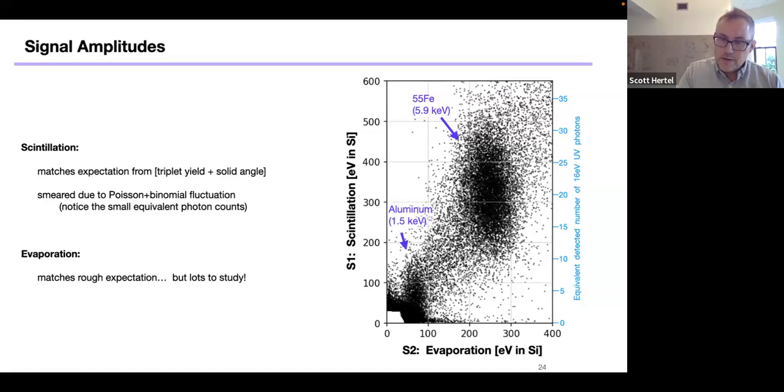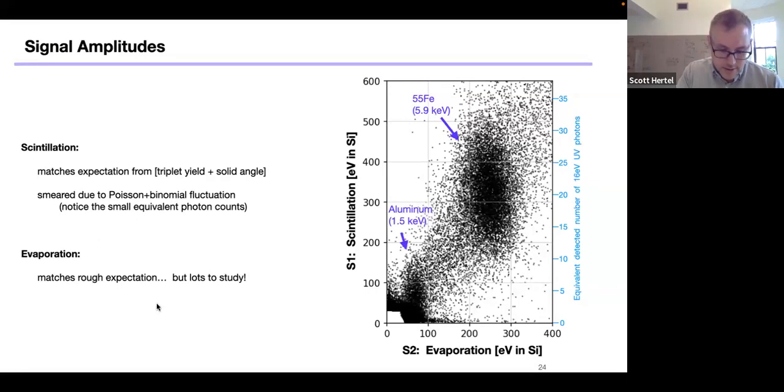So these amplitudes and widths on the scintillation roughly match our expected singlet yield and the solid angle for the photons. The width roughly matches some basic assumption of Poisson fluctuation on the production and binomial fluctuation on the detection.